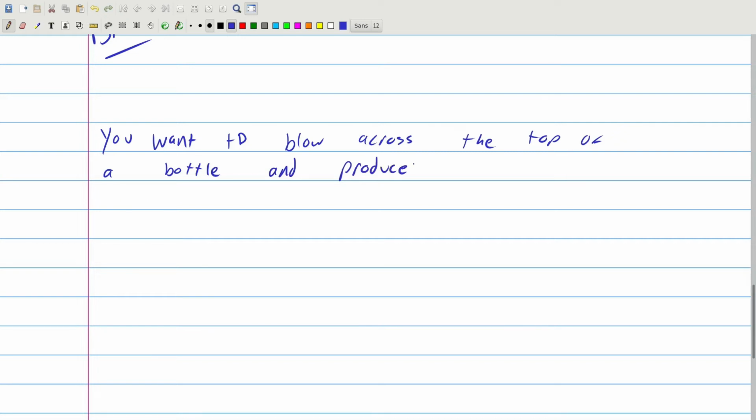Let's say somebody tells you, you want to blow across the top of a bottle and produce an A, the note A. How much water should you put in the bottle?